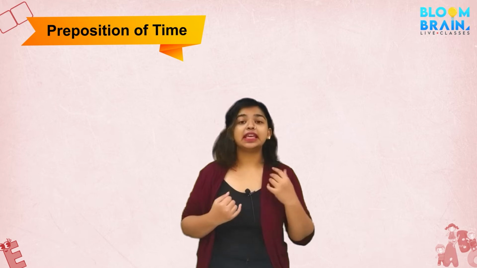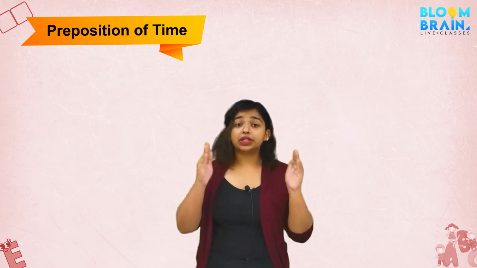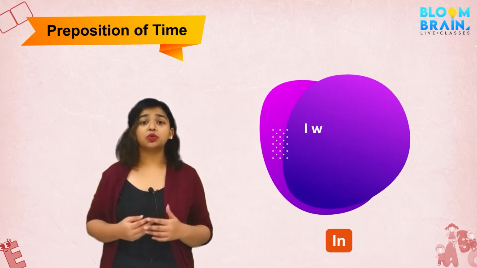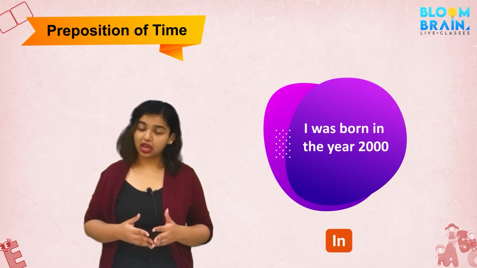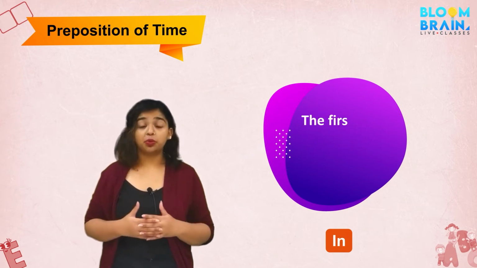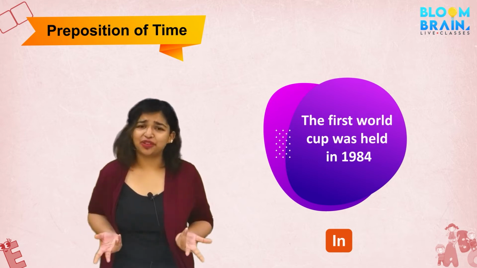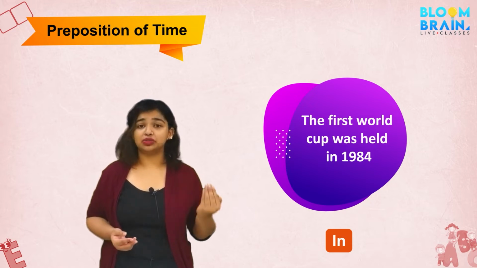The first is in. Whenever we have a larger duration of time, let's say years or centuries, we will be using in. So I was born in the year 2000. Or the first World Cup was held in, I don't really remember, but let's say 1984. So in 1984, in 2000.